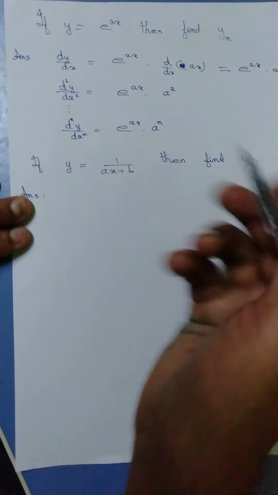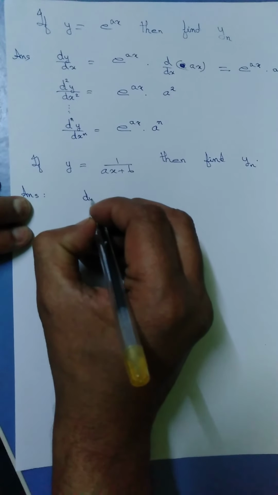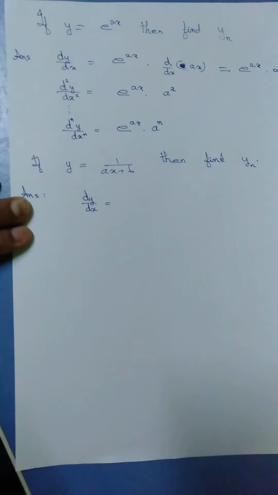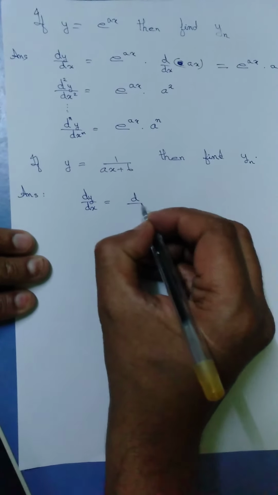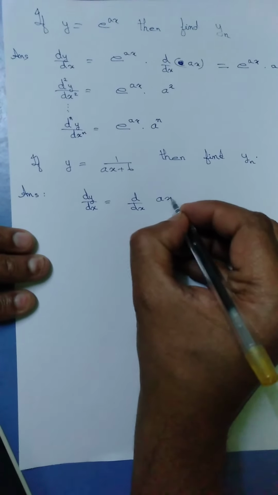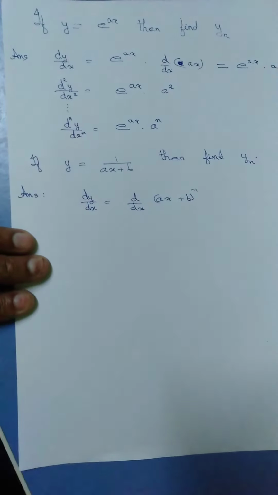You can write, differentiating both sides with respect to x, dy by dx equal to d/dx of (ax plus b) to the power minus 1, since 1 by ax plus b is nothing but that.